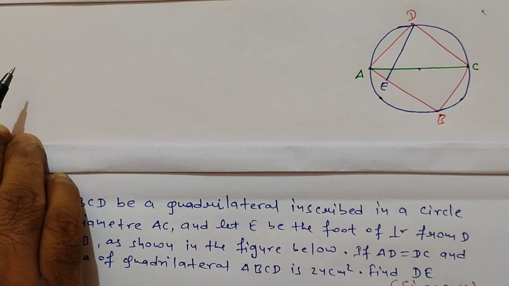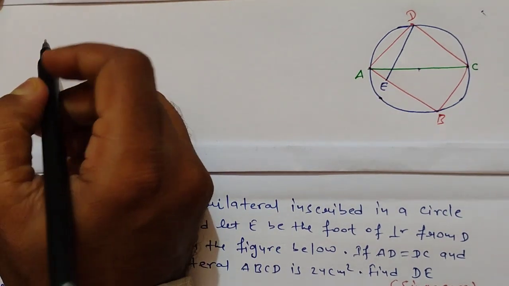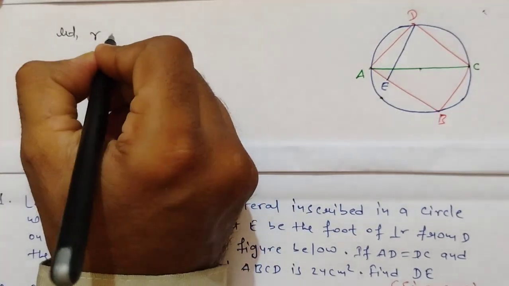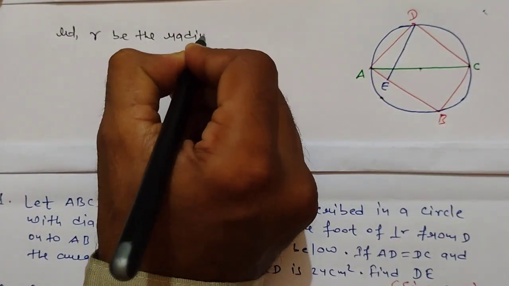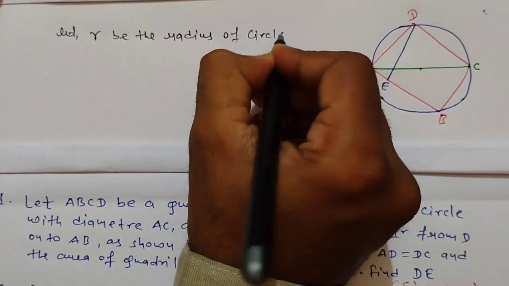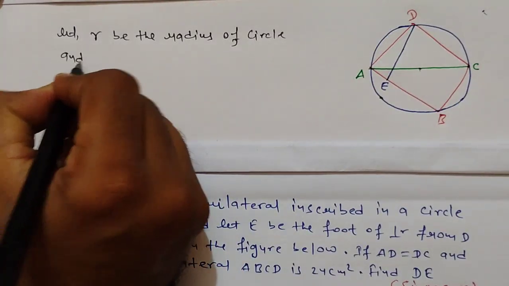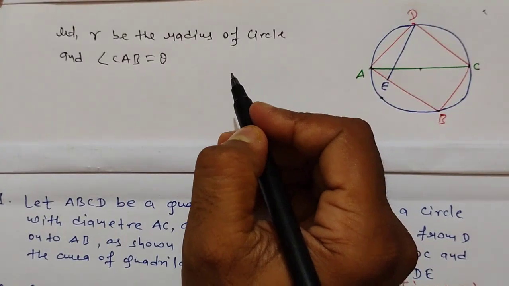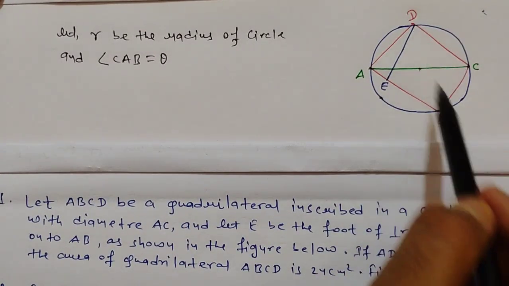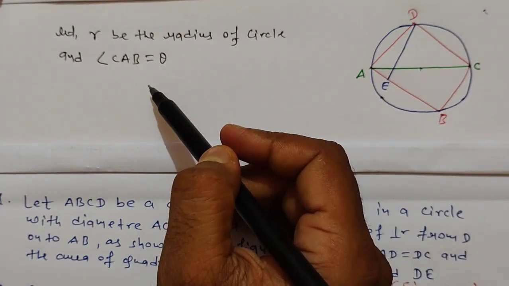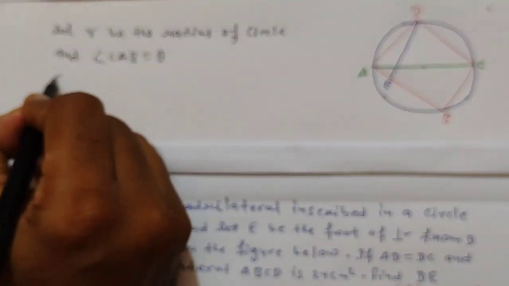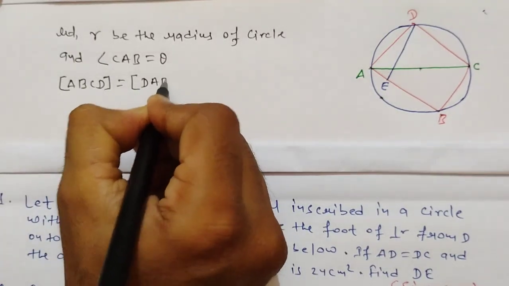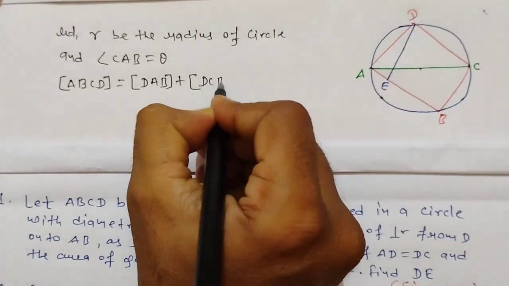And now here we can see that if R is the radius of this circle and also angle CAB is equal to theta, and now connecting DB for angle CAB, then we can write the area of ABCD is equal to area of DAB plus area of DCB.